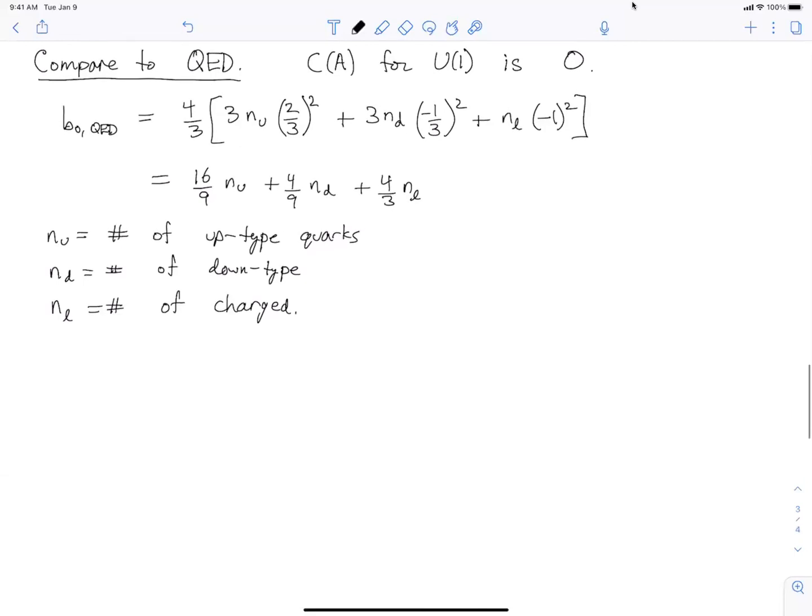Okay, so if you're doing an experiment with, for example, characteristic energy between the mass of the electron and the mass of the muon, then the only thing active is the electron. So only the electron contributes.